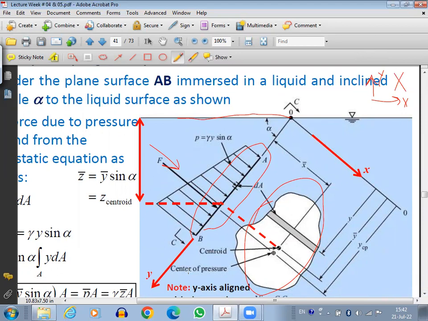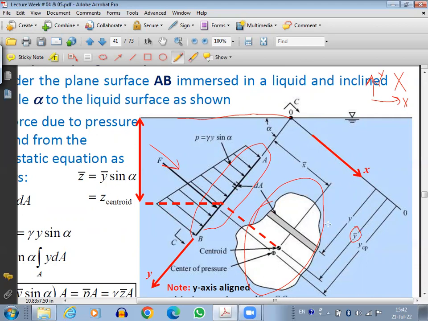Corresponding to that, our point of reference, our zero, would be at the free surface.